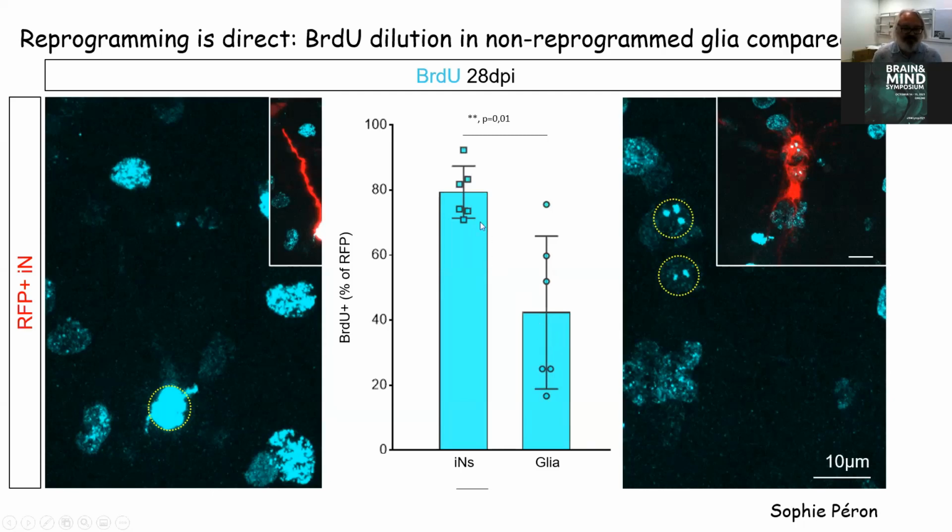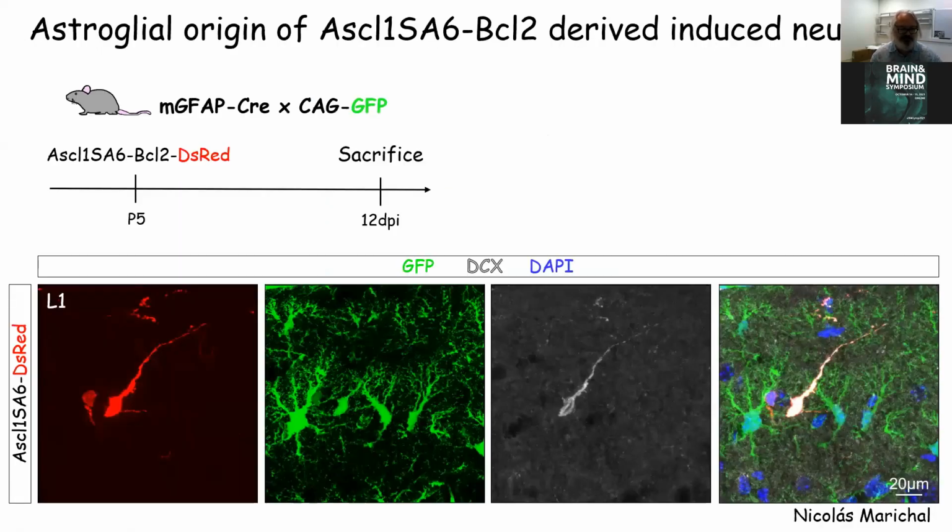And this suggests that reprogramming might in many cases lead to direct exit from the cell cycle, and therefore be a direct reprogramming in the sense of not involving proliferative steps after the process has been started.